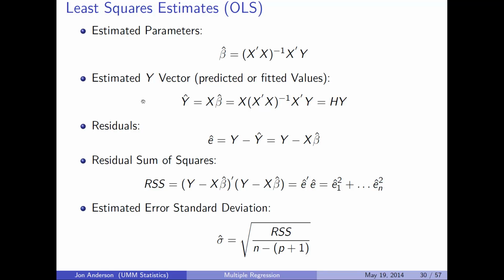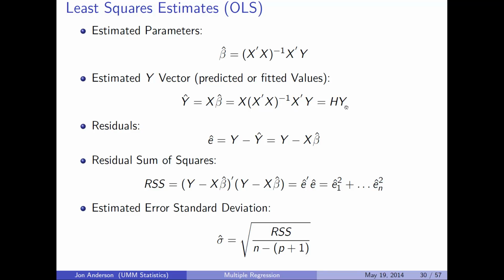If you want to think about that a little bit more carefully, what it means is that our estimated y vector is this matrix H, which is called the hat matrix, X (X transpose X) inverse X transpose, times y. This is a lot of linear algebra, which I don't really assume that you know, but if you do know some linear algebra, you might recognize this as an orthogonal projection matrix. If you don't know what that is, that's okay. If you do know what it is, now you know why you spent so much time studying it in your math course.